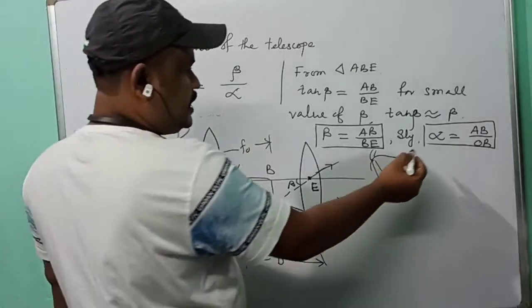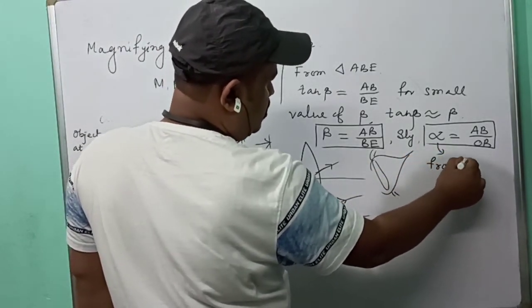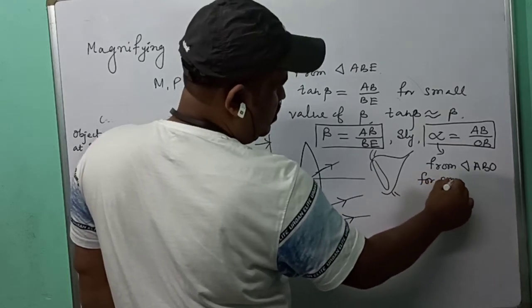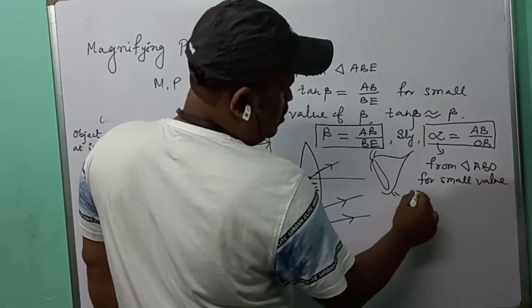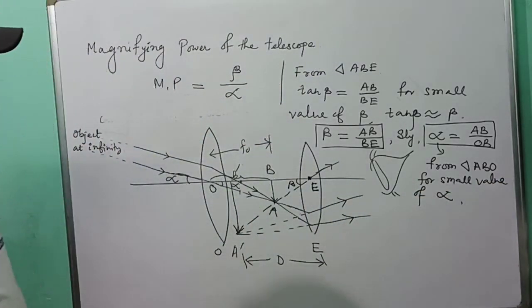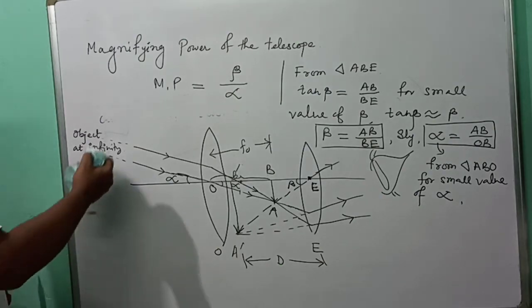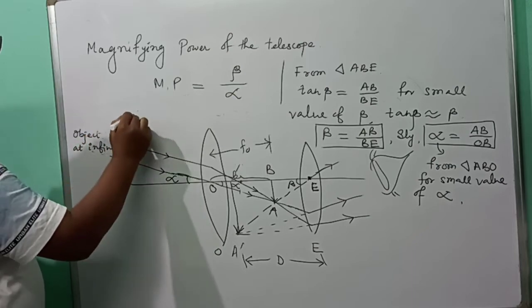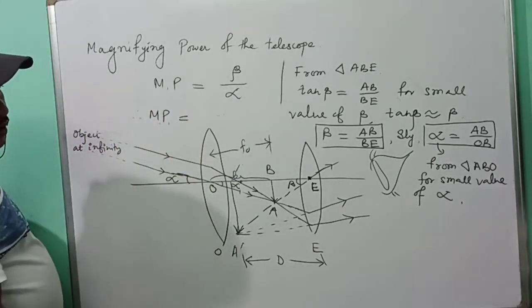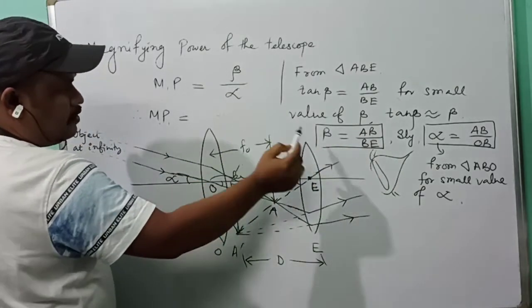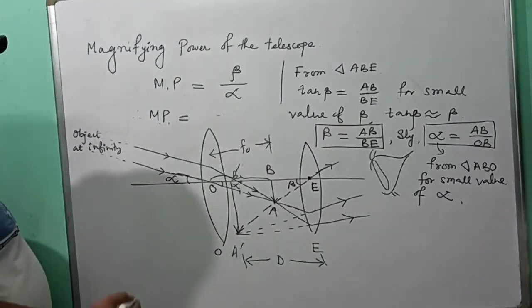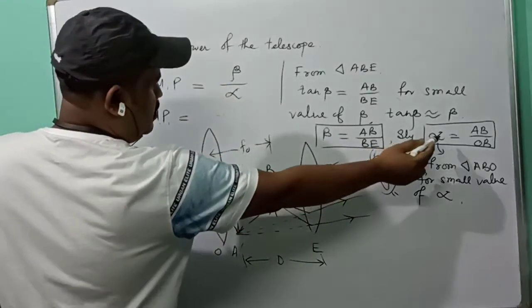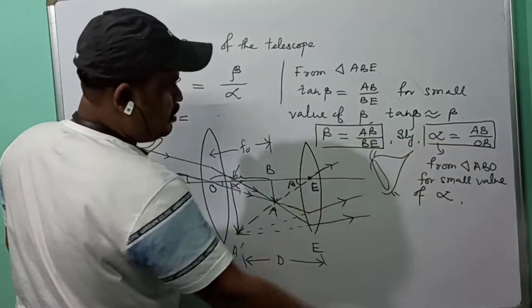Clear? Then the magnifying power: replace beta and alpha in terms of AB by BE and AB by OB.